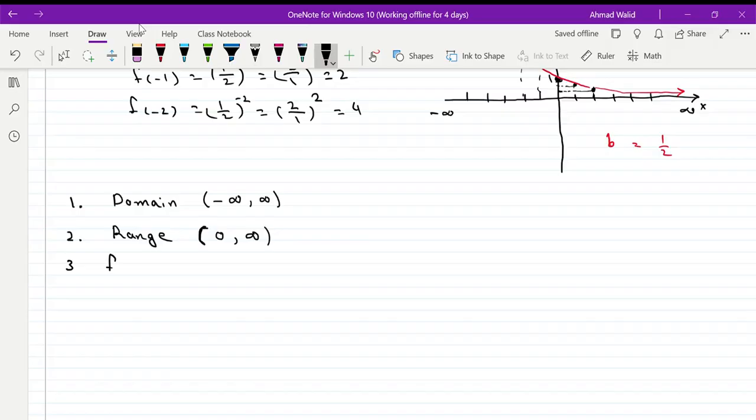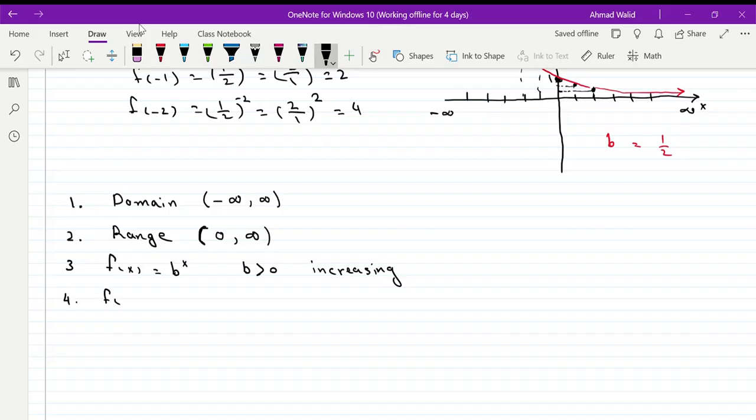If you have f of x equals b to the power of x and your b is greater than 0, your graph is always increasing. Increasing means it's increasing from the left to the right. Correct? Number 4.